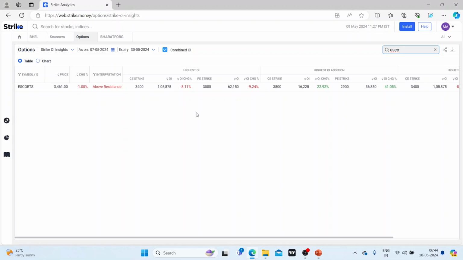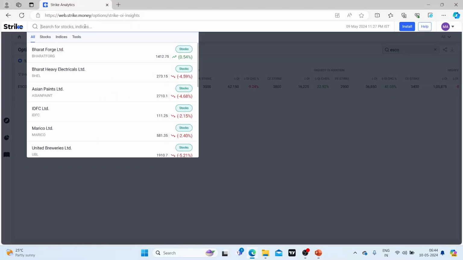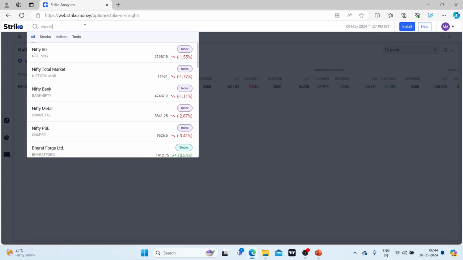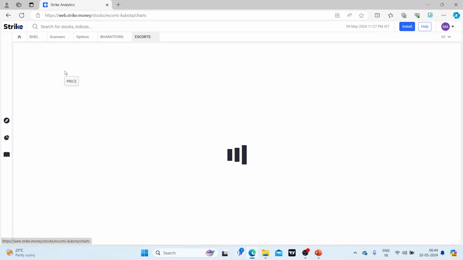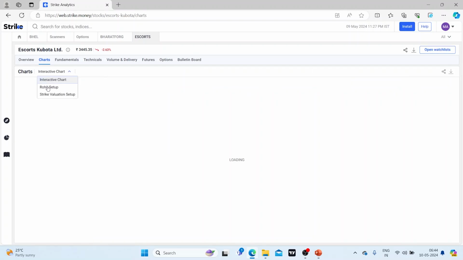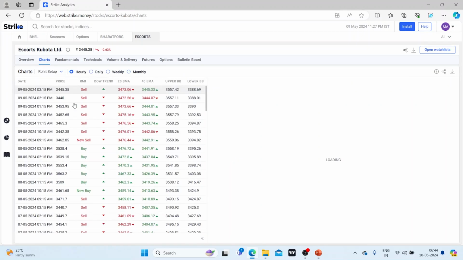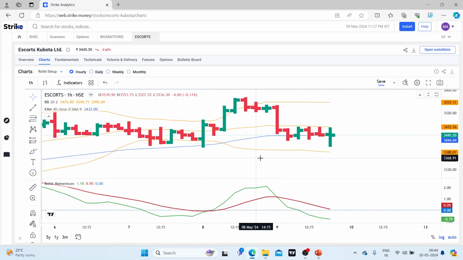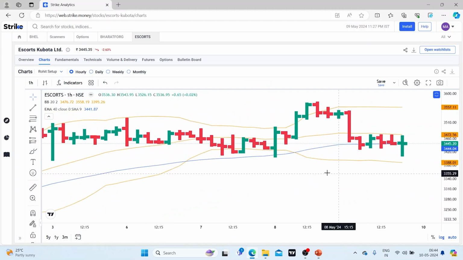Next day morning, what happened? We'll open the chart. Here it is. So next day morning, this is 8th May, first candle.